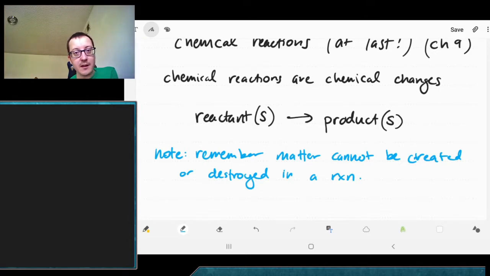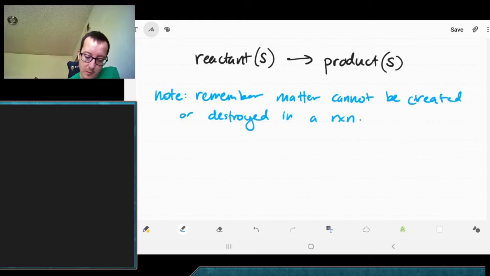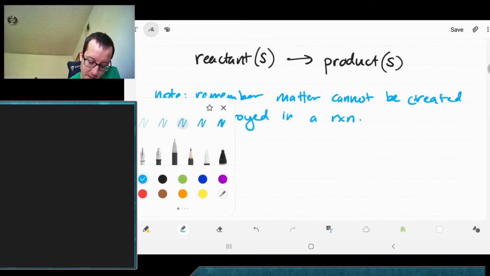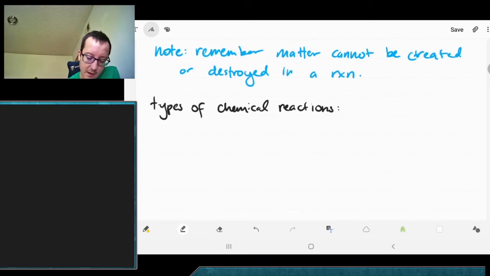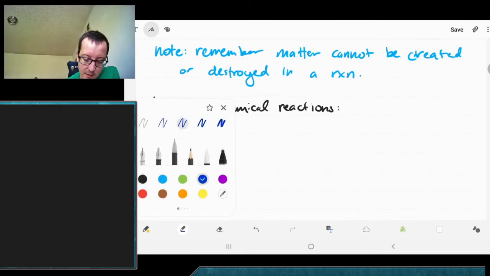So let's just go ahead and hop into it. So let's talk about types of chemical reactions. We're going to see one first type is going to follow this idea.